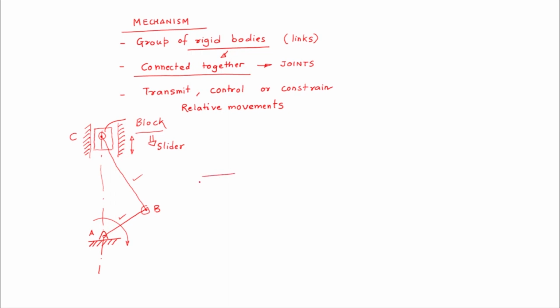A typical example of the slider crank mechanism, which you know very well, is the IC engine. As we already know, in IC engine we are using a piston. The piston is reciprocating inside a cylinder.